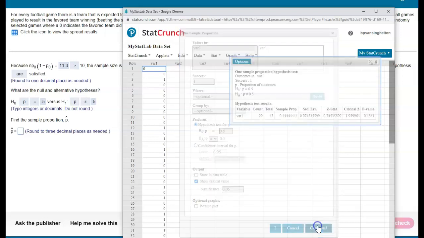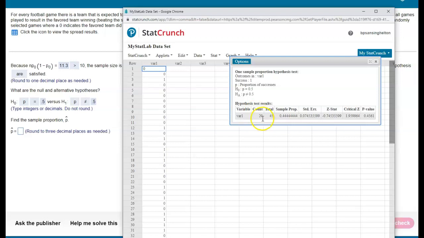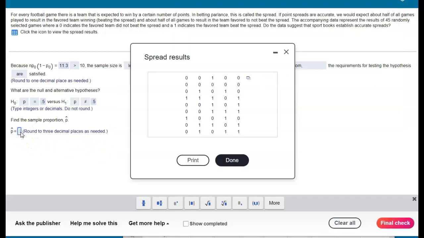So let's hit compute. All right, so we have 20 successes and 45 total. So 20 is our x and 45 is our n. Our sample proportion, our p hat, is just x divided by n, which it calculated for us, and that's 0.444. So we'll put that in there.